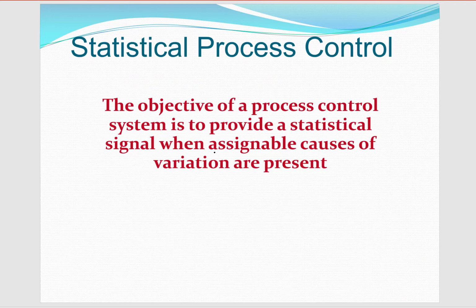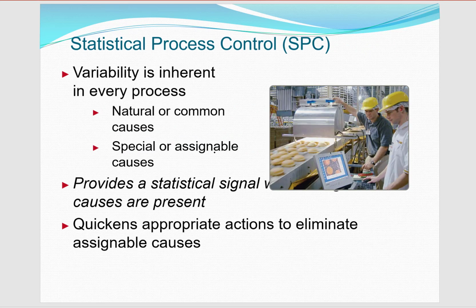So in that sense, the objective of process control is to provide a statistical signal when assignable causes of variation are present. Now, variation is inherent in every process. Natural or common causes of variation exist all the time, and special or assignable causes might appear at some point or part of the process.